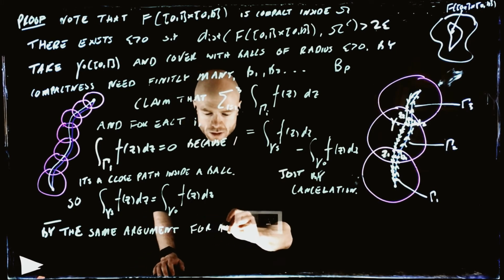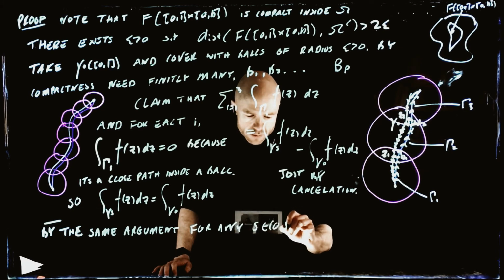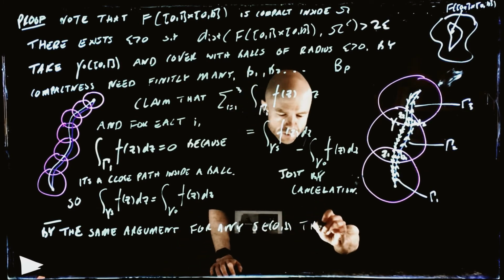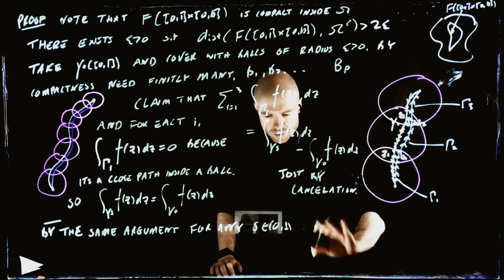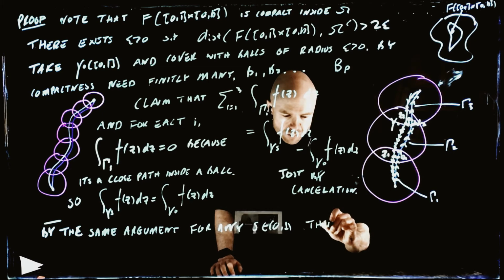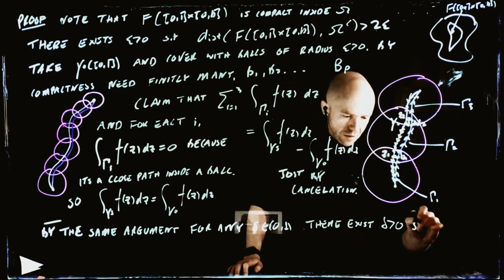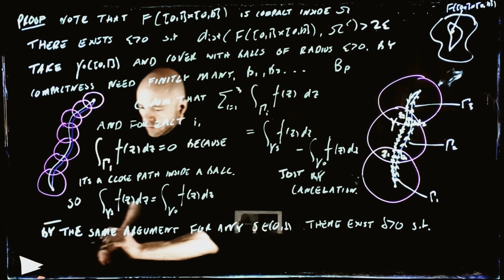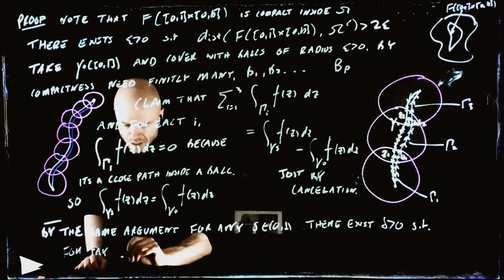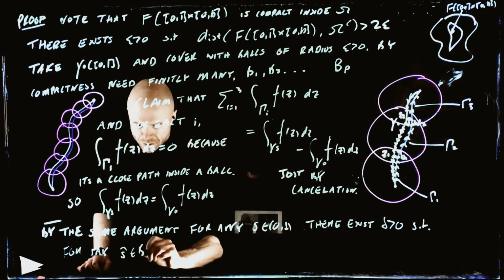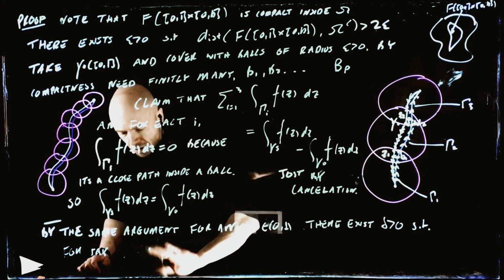for any s between 0 and 1, there exists delta bigger than 0 such that any, let's say, s tilde inside the neighborhood, or let's write it like this, since it's just numbers, let's not use ball notation.